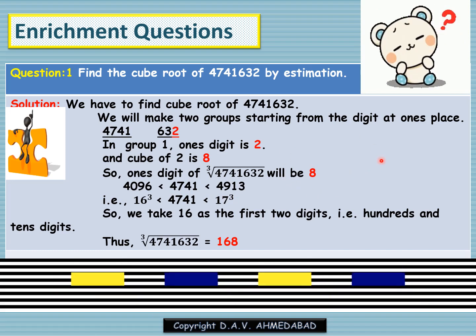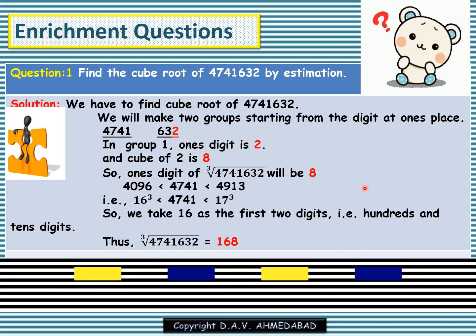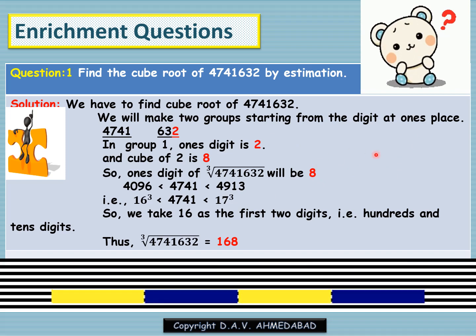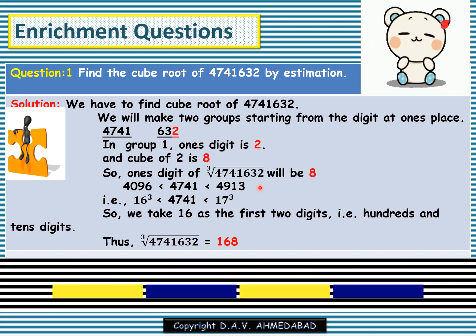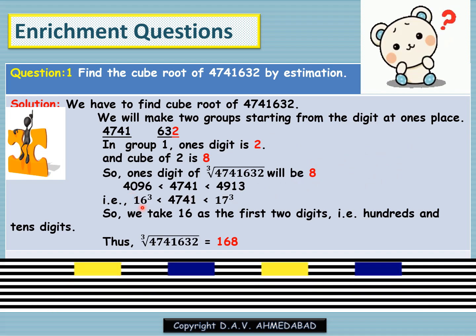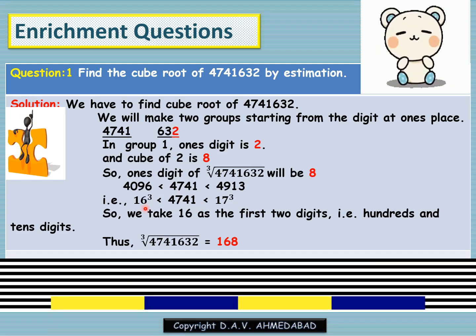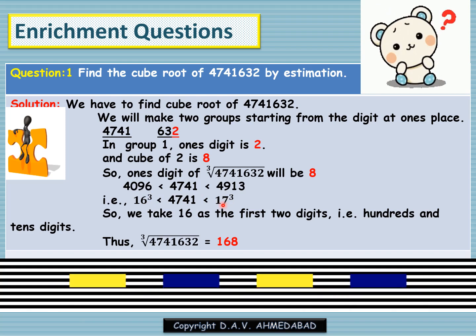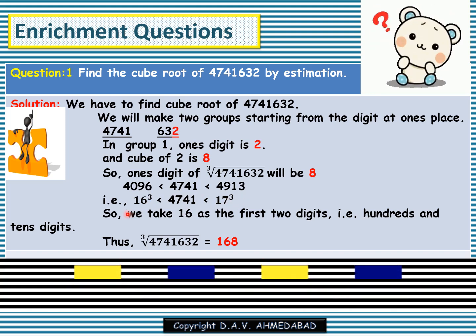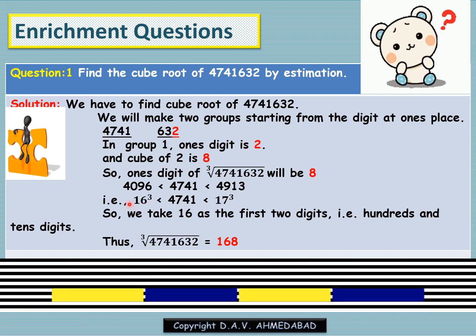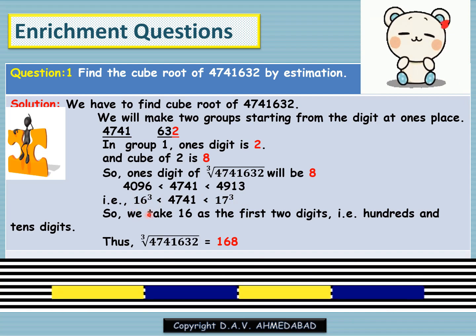Okay, so you need to make cube table and you need to learn at least first 20 to 30 cubes, children. So we are having 4741 is greater than 16 cube and less than 17 cube. And we consider always the smaller number.